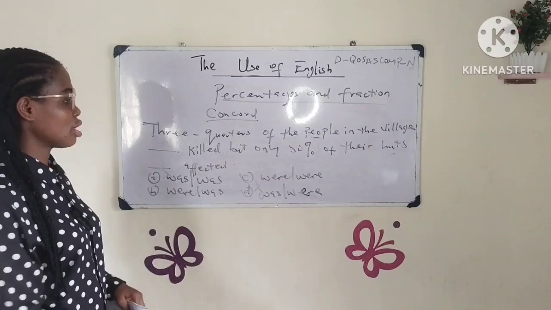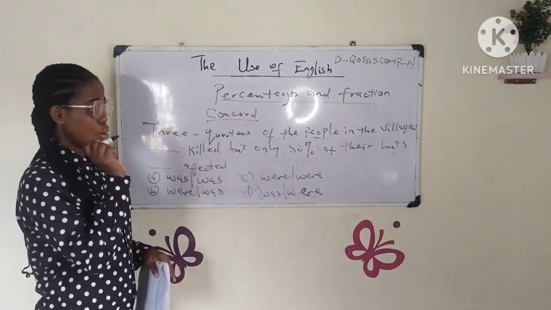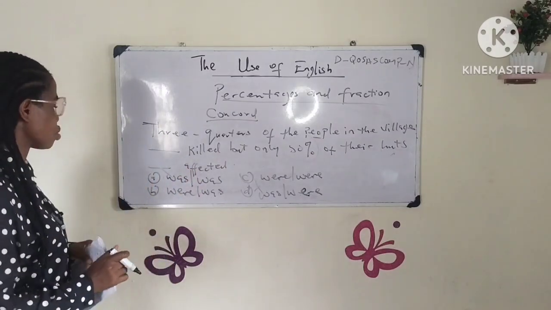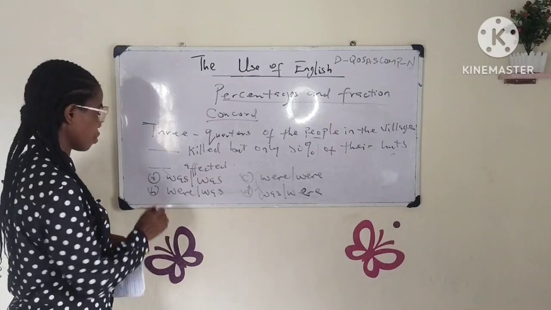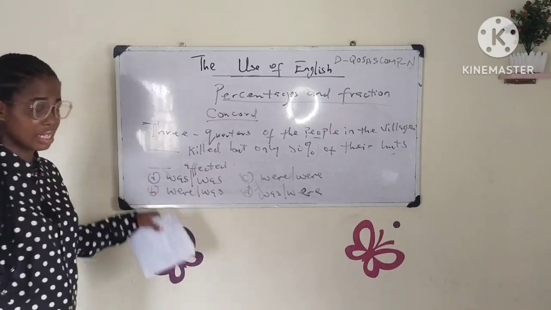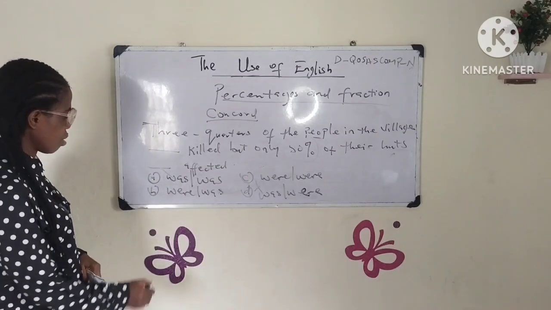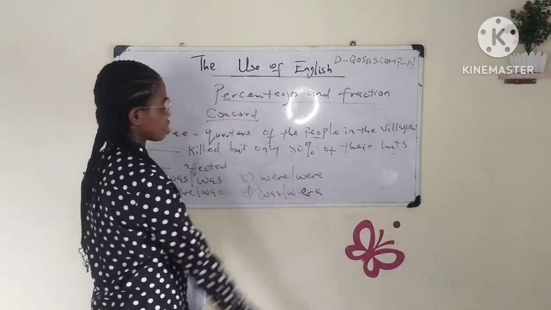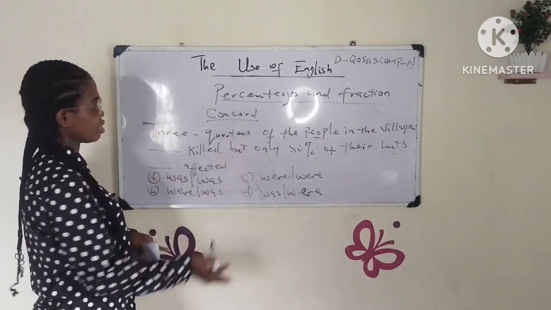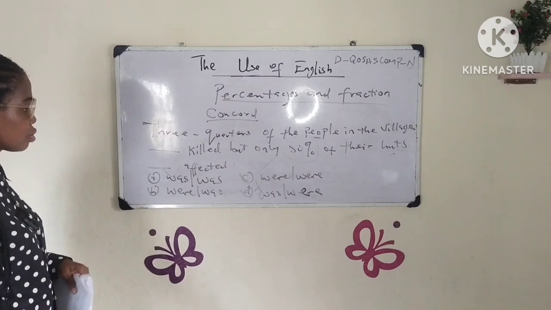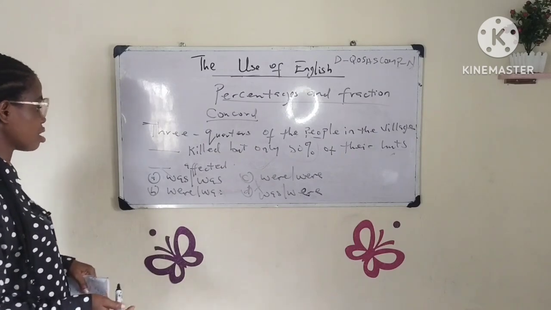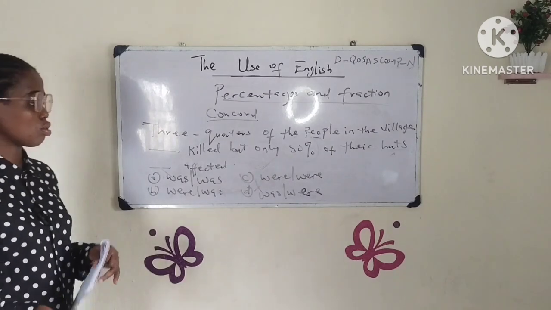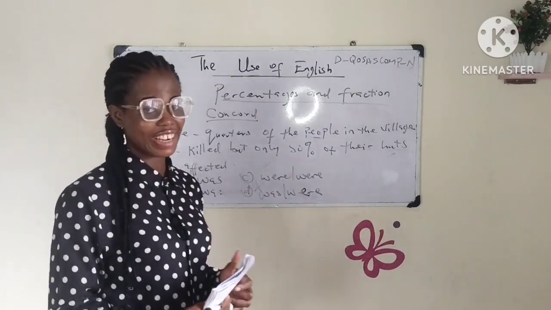Herds is plural, so we are going to choose a plural verb to fill this gap. So option C is the correct answer. 3/4 of the people in the village were killed, but only 50% of their herds were affected.